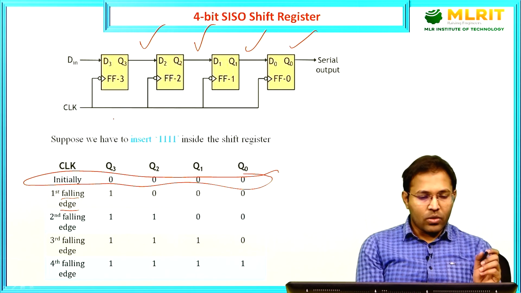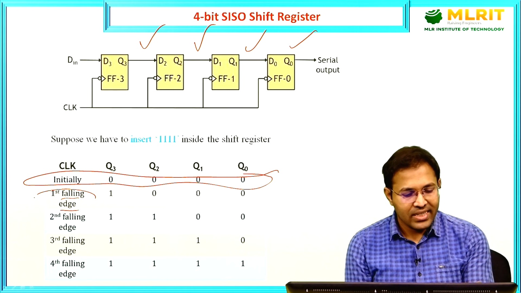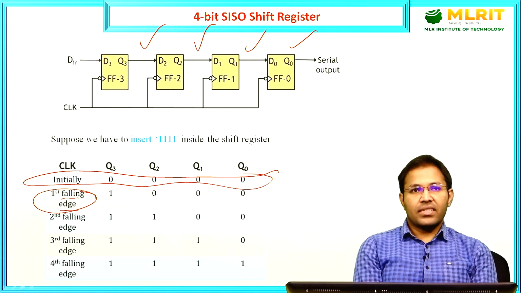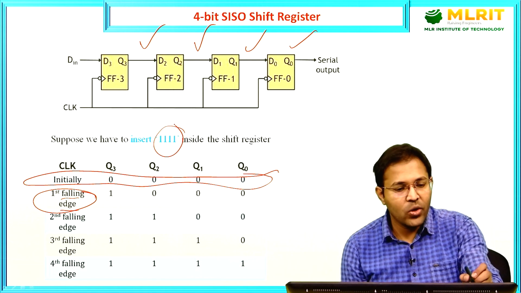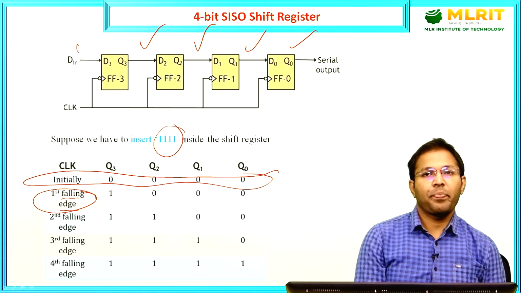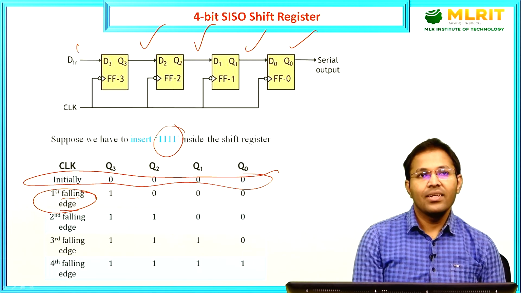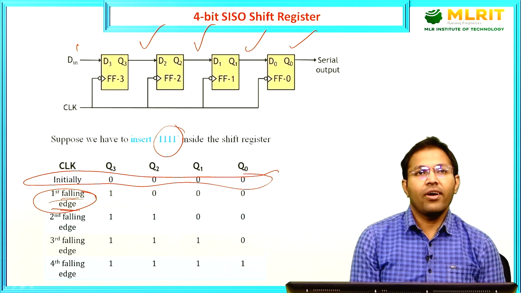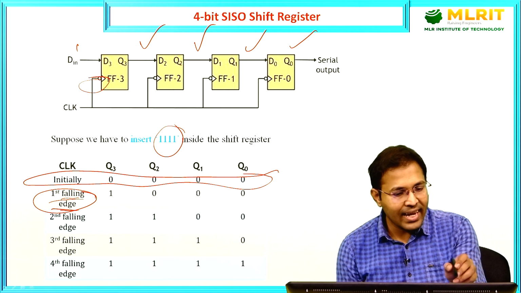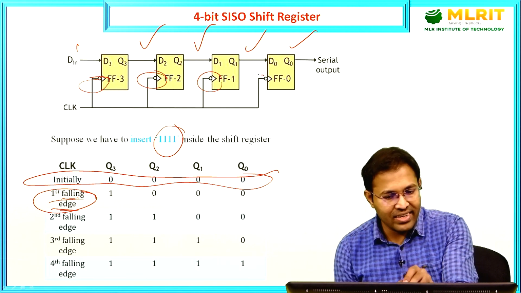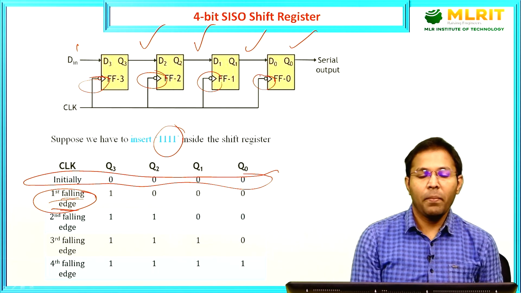So, now what we will do is, let us consider the first falling edge. What happens? See, now the task is this. We are going to give 1 first. Okay, right? So when you have the first falling edge, fine, then what happens? This is activated, this is activated, this is activated, this is activated. Okay, fine.